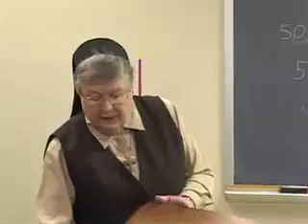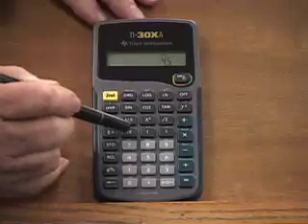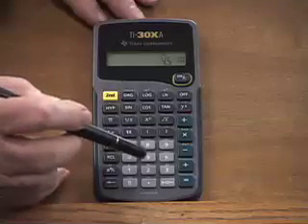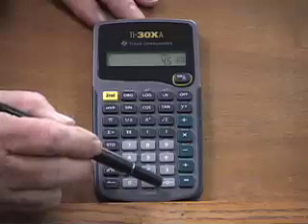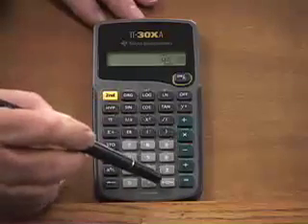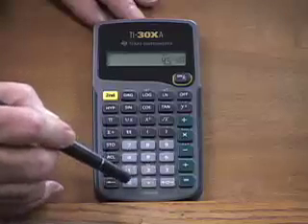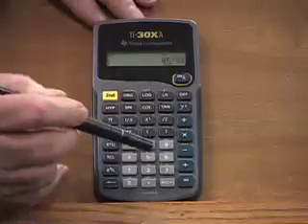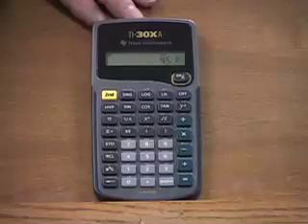So if I entered that number directly, I would go 4.5, enter the exponent, and then you have to use this particular key. It's not the negative operation key, it is the change of sign key. Change of sign, 3. So there that is entered in scientific notation.